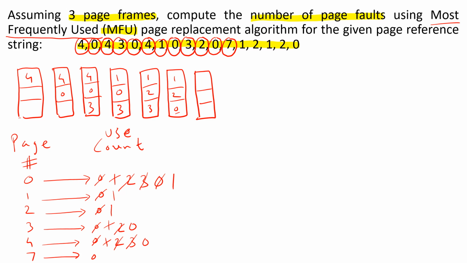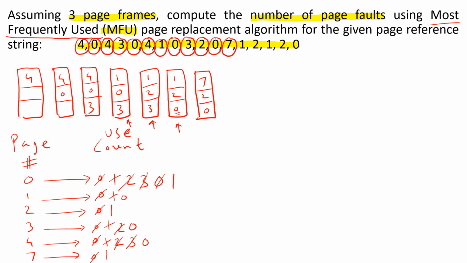You see that 0 is taken over here, 2 is taken at this place, and 1 was taken over here. So first in, first out says replace 1, right? So 1 is thrown out and 7 is taken into main memory. So it will be 7 2 0. So the use count of 1 becomes 0, use count of 7 becomes 1.